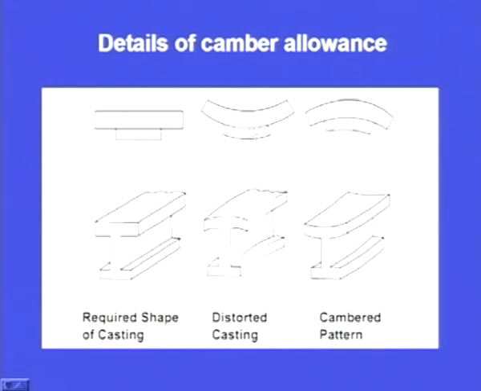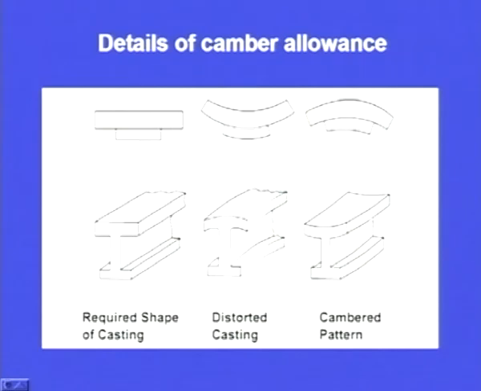Now, we have already anticipated this camber allowance, so we have designed the pattern like this, and with these patterns when we make the mold and pour the molten metal, after solidification the distortion effect continues to rule, but in its attempt for distortion it will bring it to the normal shape. So, this is how we can counteract the distortion effect.